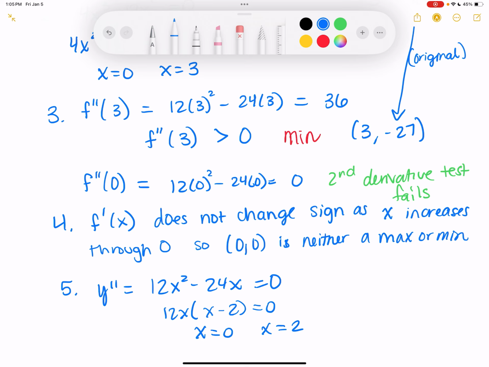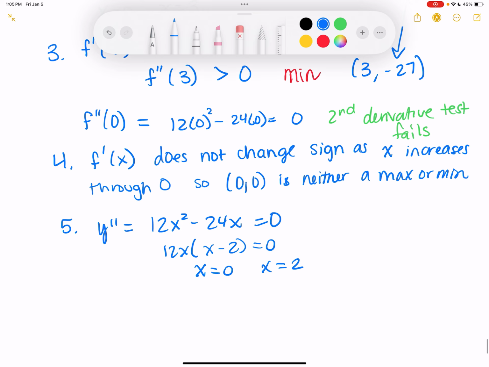In the second derivative, we pick a number to the left and right and see if it changes. If it is -1, what happens? Positive. And if it's 1, it's negative.